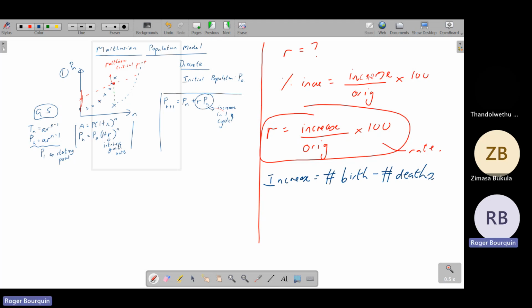So the way we're going to think of R, generally how we're going to calculate R, which is a rate: your intrinsic growth rate R is going to be equal to your birth rate minus your death rate.